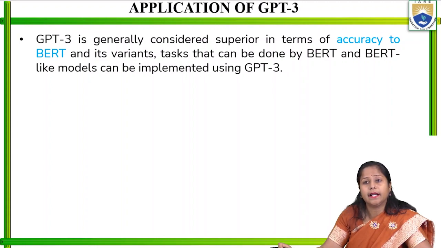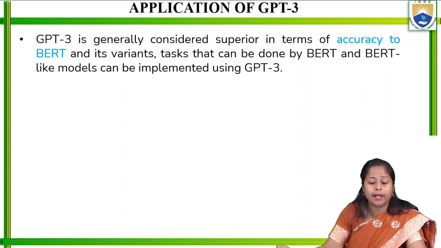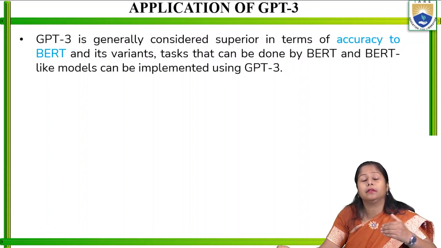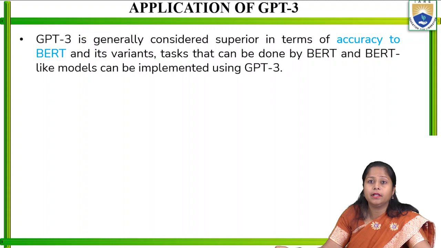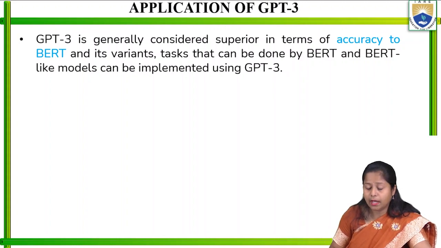So tasks that can be done by BERT and BERT-like models can be implemented using the GPT-3 language model. Basically, when it comes to accuracy, we need to use GPT-3 over BERT. Whatever tasks have been done by BERT and its extensions can be implemented using GPT-3, so we can extend with GPT-3 and benefit from it.